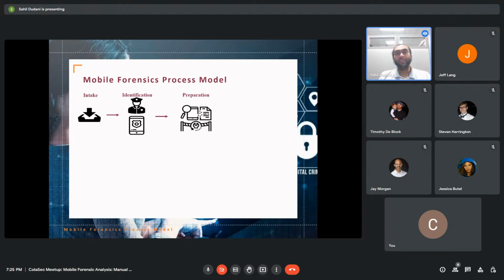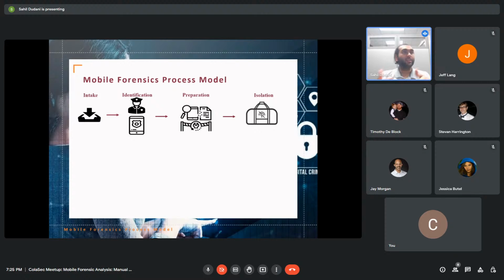Right after the identification phase, we have the preparation phase, where we need to understand what kind of devices we are dealing with. Once we know what kind of devices we are dealing with, we need to have appropriate technology or appropriate tools to extract those devices. The next thing is isolating the device, as I talked about with Faraday bags and signal jammers and not letting the device get on the network.